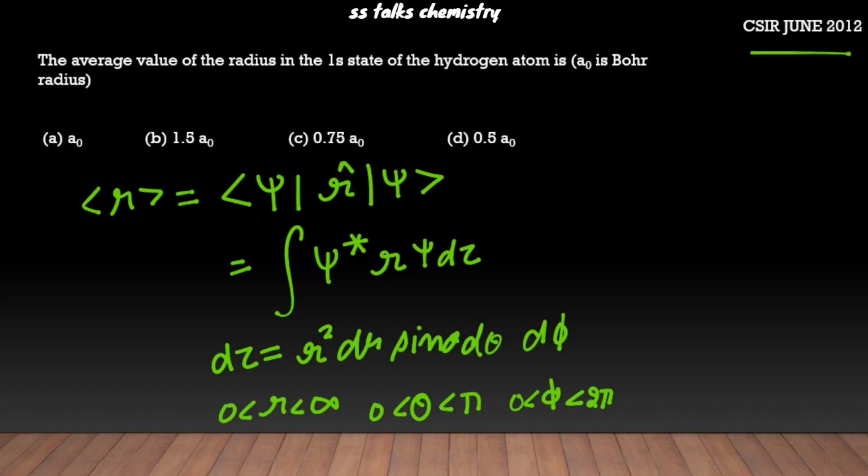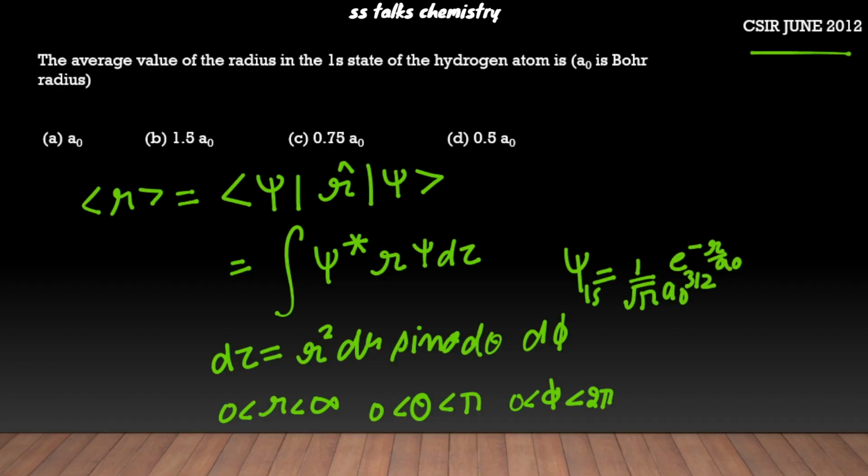Okay, so now the psi value that you have is for the 1s orbital. So the wave function for this is equal to 1 by root of pi into a0 raised to the power of 3 by 2 into e raised to the power of minus r upon a naught.